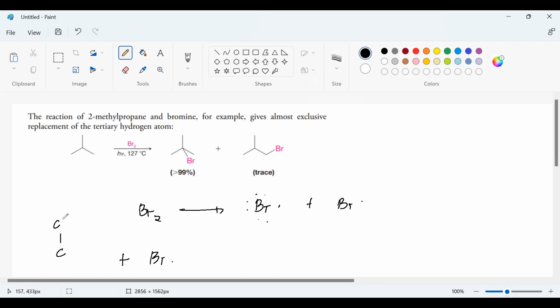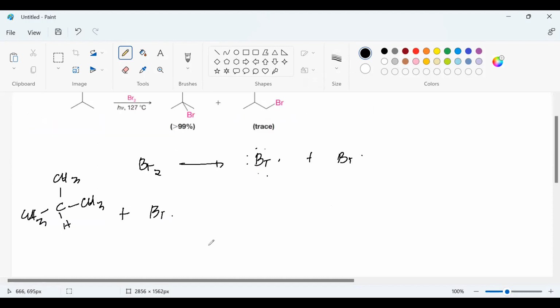You have your CH3, and you have your CH3. Of course, the other one is hydrogen. Okay, remember? But you have an unshared electron here. And to do that, there will be a homolytic bond cleavage here. One electron will go with one arrow here, and the other one will go there.